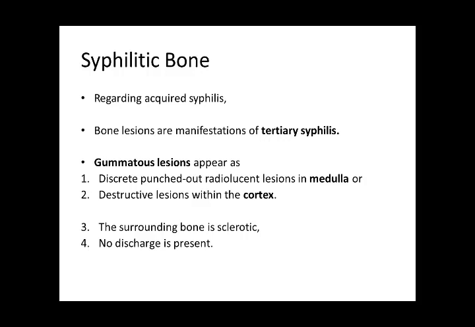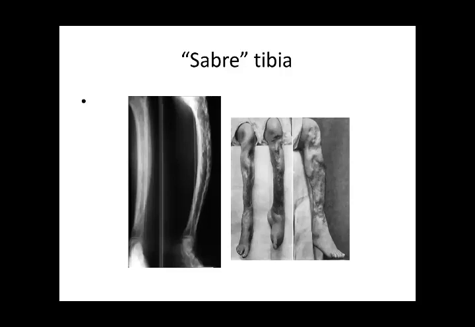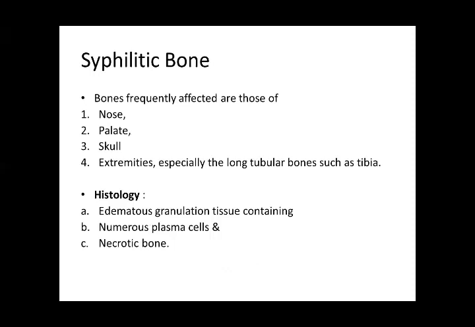The surrounding bone becomes sclerotic and you can see pus discharge. Look at this, it is so terrible, but there is pus discharge. This has got a special name, saber tibia. Bones frequently affected are the nose, pelvis, skull, and extremities, especially long bones such as the tibia.